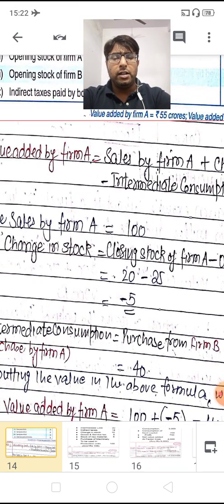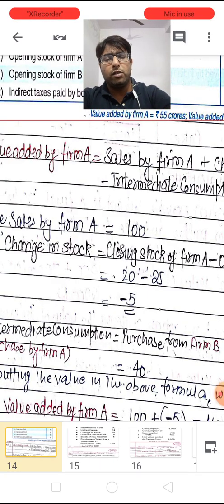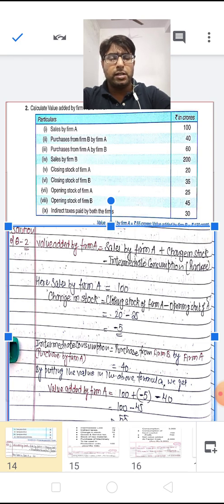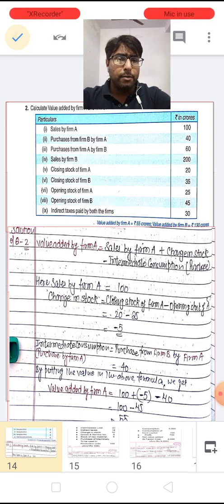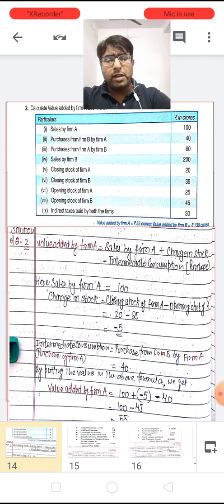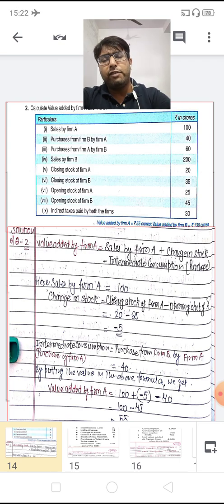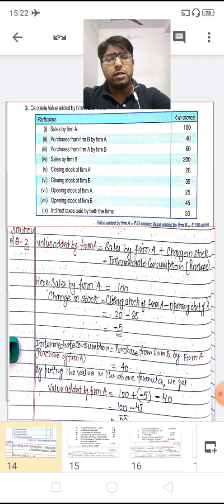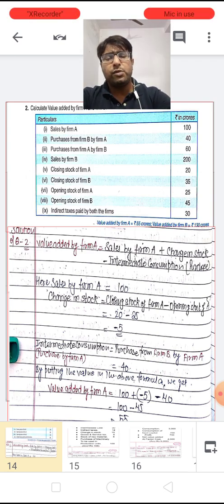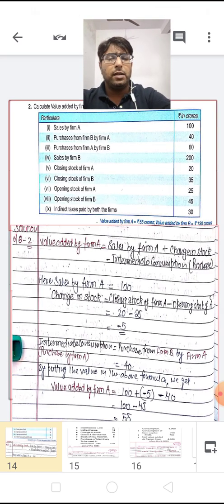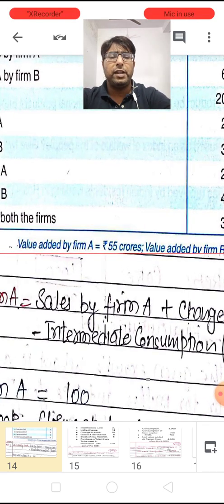The intermediate consumption, which is always equal to purchase from firm B, according to the question is 40. By putting the values in the formula, the value added by firm A is sales 100 plus change in stock minus 5 minus intermediate consumption 40. So 100 minus 45, the answer is 55.